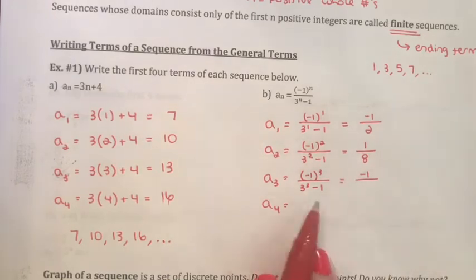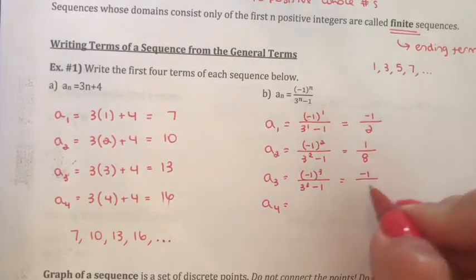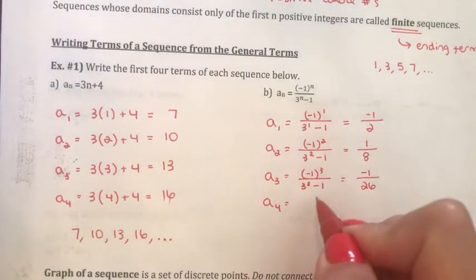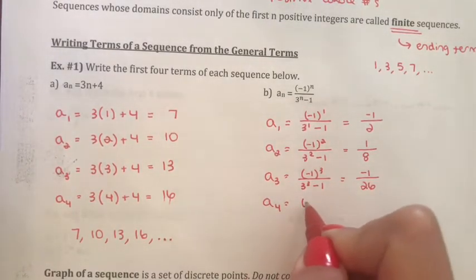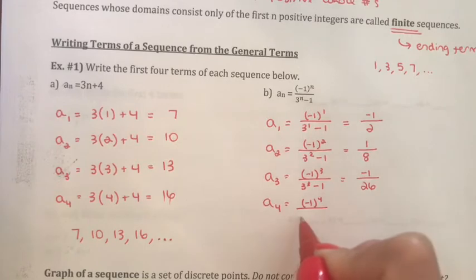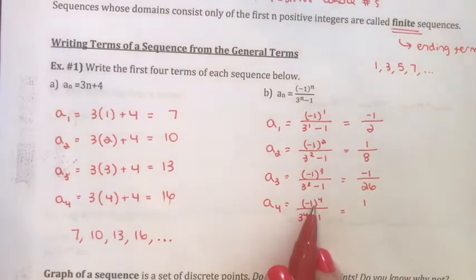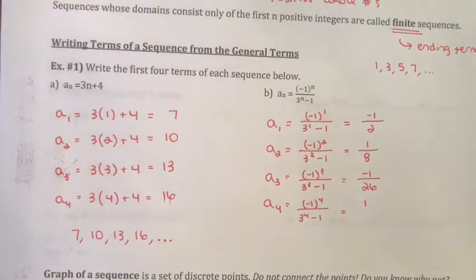Negative 1 on top, 27 minus 1 is 26. And finally, negative 1 to the 4th, 3 to the 4th minus 1. So we have a positive 1 on top because we're raising to an even power.